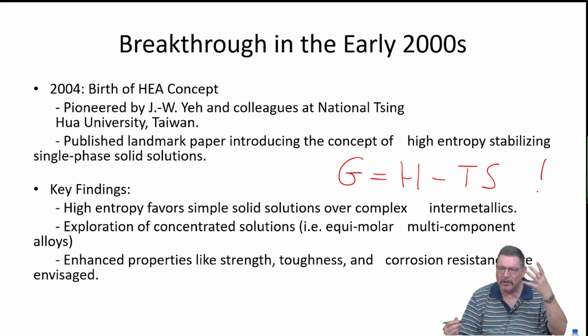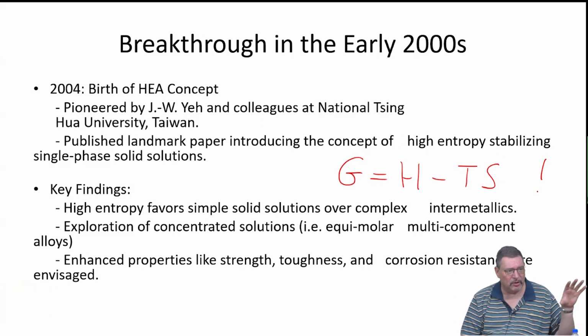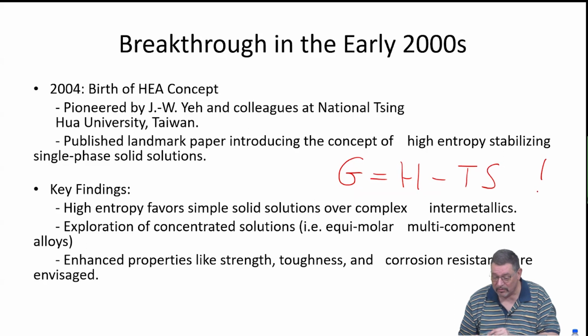And so if you increase that, then you decrease G. And so in this competition between different phases that can be stable, the solid solution phase has an advantage if there is a high configurational entropy. And then it was shown that high entropy favors simple solid solutions.